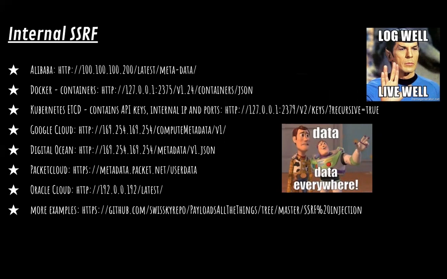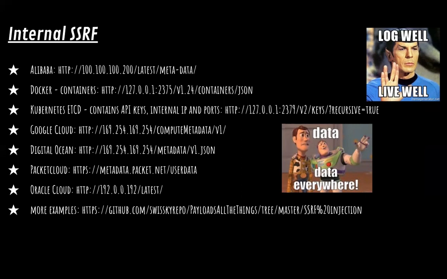So more on the cloud service attacks that you could perform with server-side request forgery with cloud services or internal services as well. Here are some examples of cloud services or internal services that you could access with SSRF. Google Cloud, for one example, gives you the ability to access private keys.